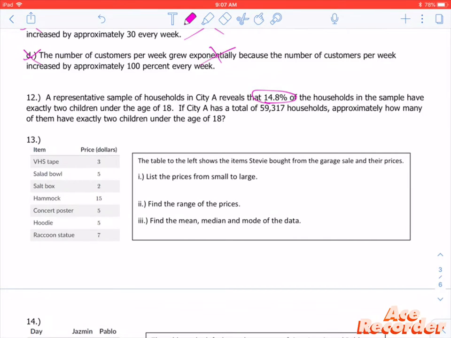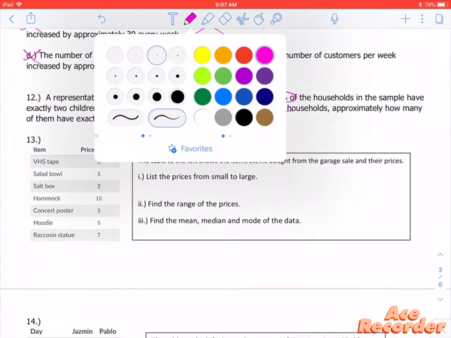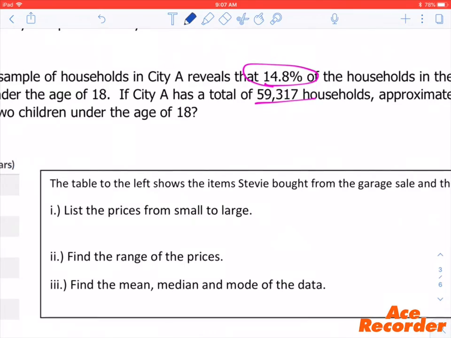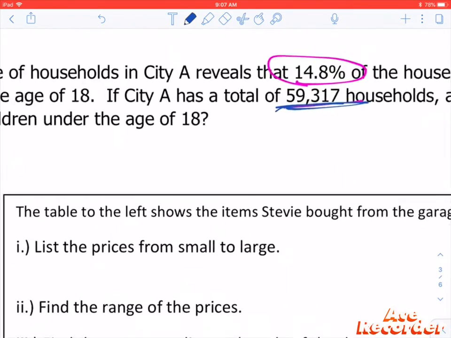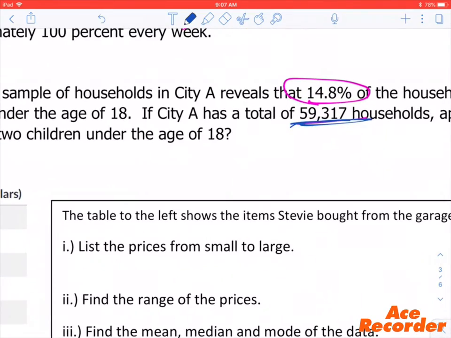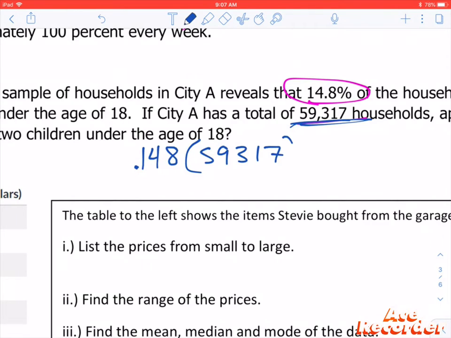If City A has a total of 59,317, approximately how many of them have exactly 2 children under 18? So if the sample is 14.8%, we're going to assume the whole thing is 14.8%. So all we're really doing here is taking that percent of the total. So 14.8% would be 0.148 times 59,317.